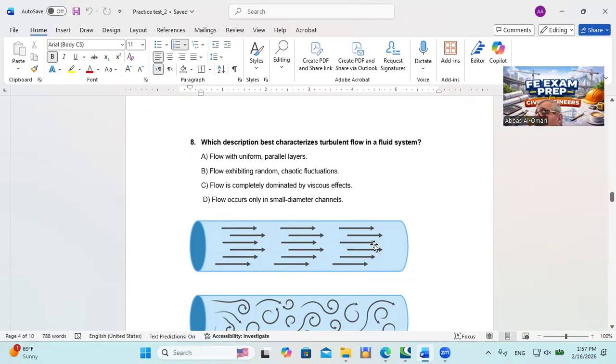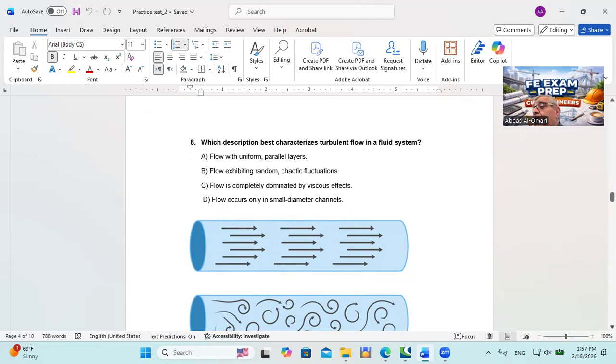Turbulent flow is characterized by turbulence, and there is mixing between the fluid layers in the pipe. So choice A, flow with uniform parallel layers, is not turbulent flow. Choice B, flow exhibiting random chaotic fluctuation, is the correct answer.